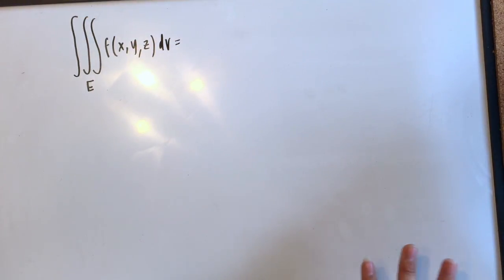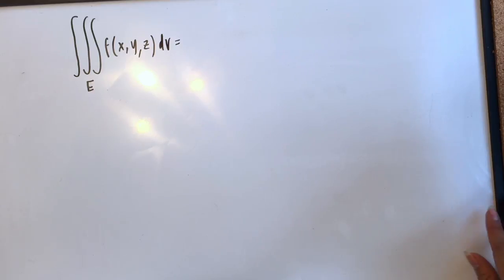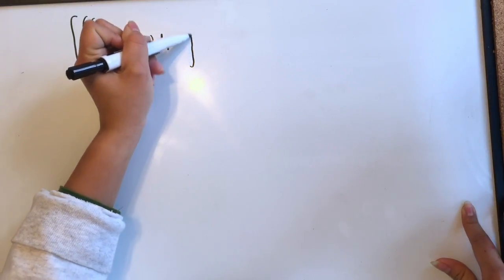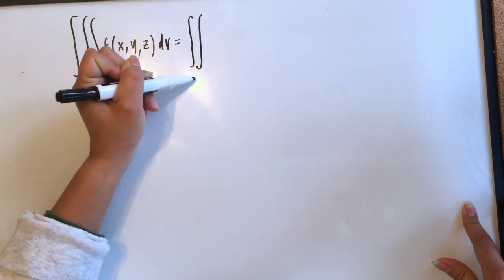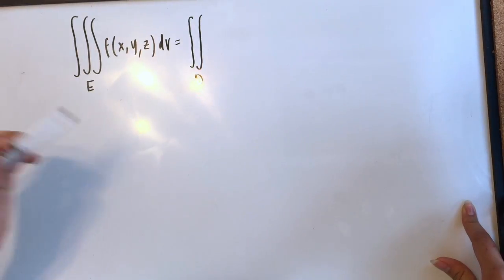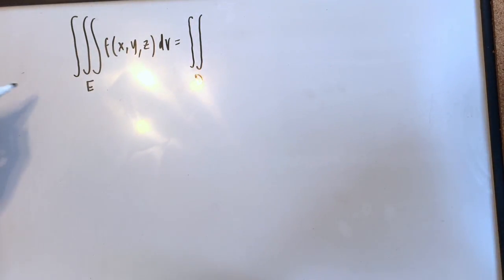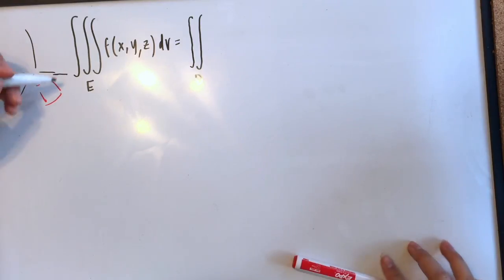So now for cylindrical coordinates, the book has the double integral over region D. Remember, that was the region on the xy plane, the red region that I had drawn.